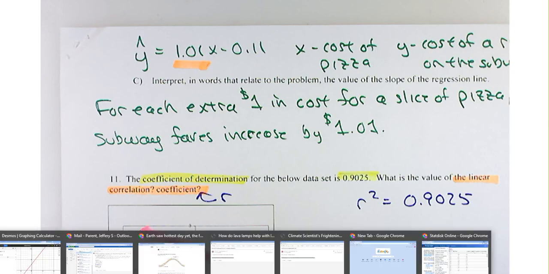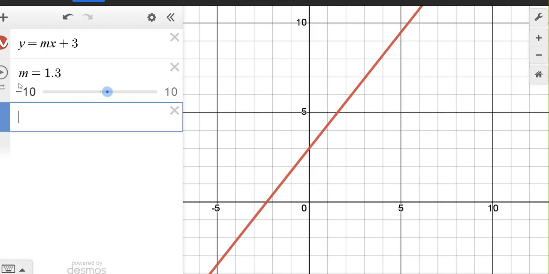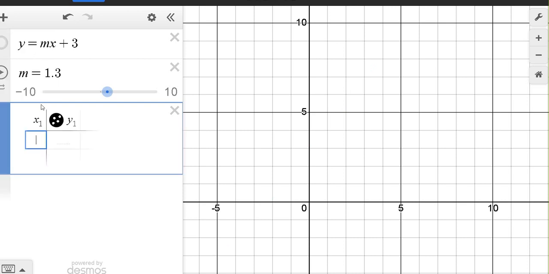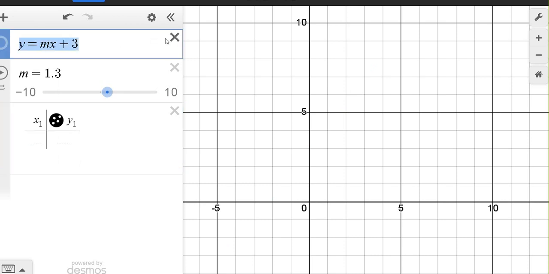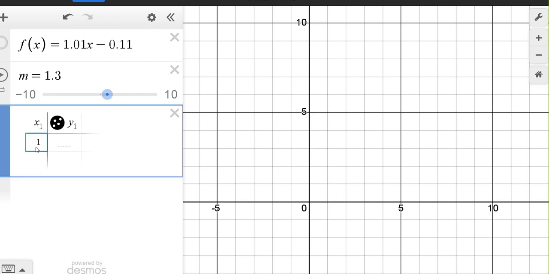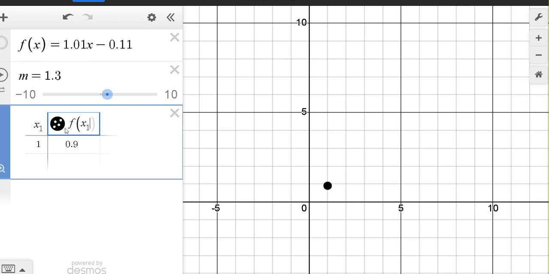But if you plug in one, tell you what, let's do just that. Let me shut this off and do a little table here for ourselves. We'll do f of x equals 1.01x minus 0.11. So let's start with f of 1. F of 1 gives me 90 cents.